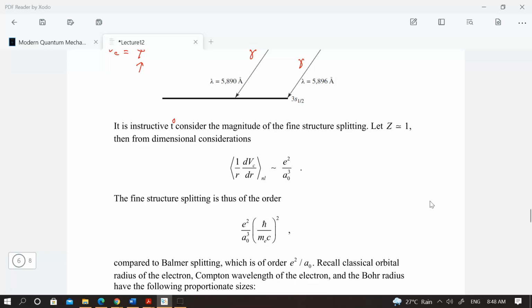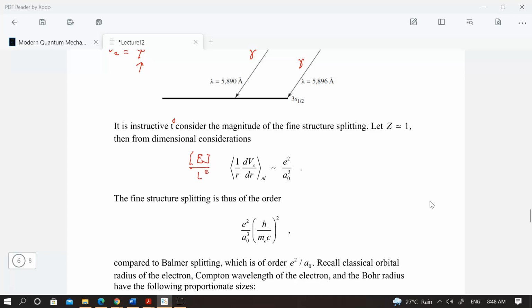Okay, so over here one can see that if we look at what's involved, this is 1 over r, that is 1 over length. Your derivative is over 1 over length, and then your potential here has the dimension of energy. So the whole thing here has dimension of energy divided by L squared.